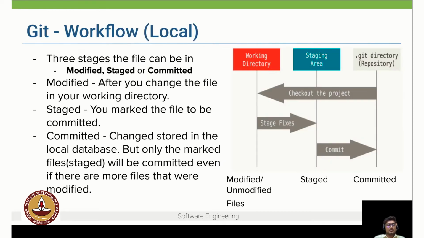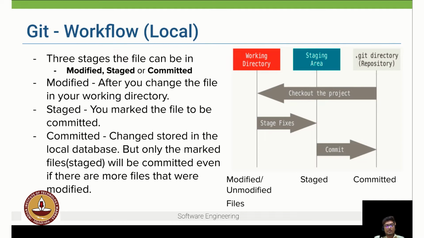Now let's see the Git workflow. This is a simpler workflow. A file can be in three stages: modified, staged, or committed. After you modify the file, you move it to the staged area. Staged means you have marked the file to be committed, but it is still not committed. Committed means the changes are committed to the local database.